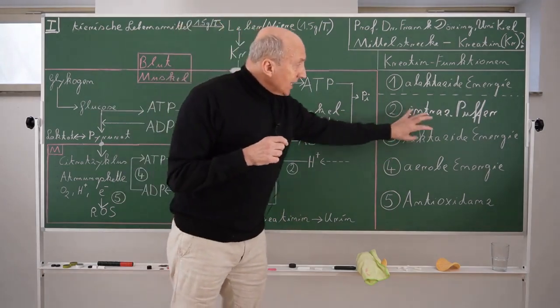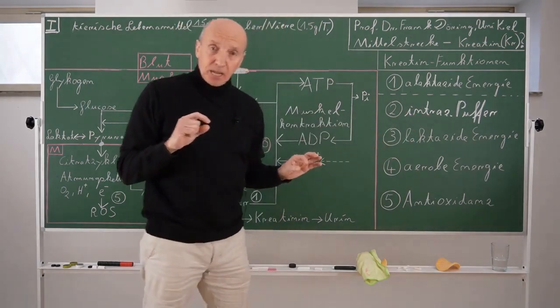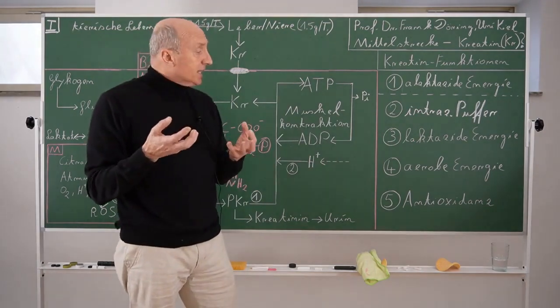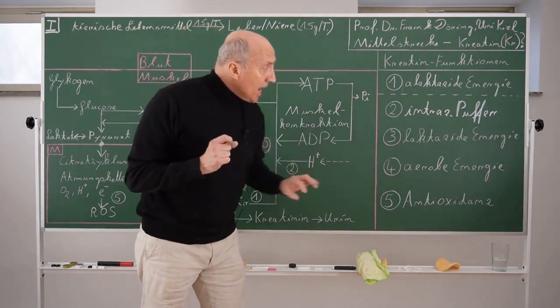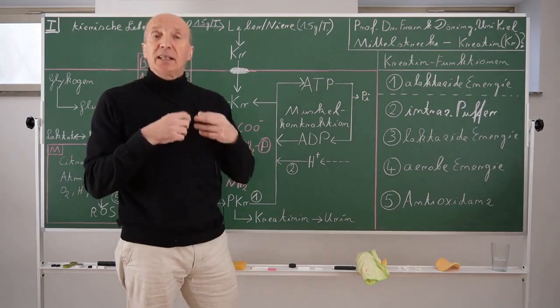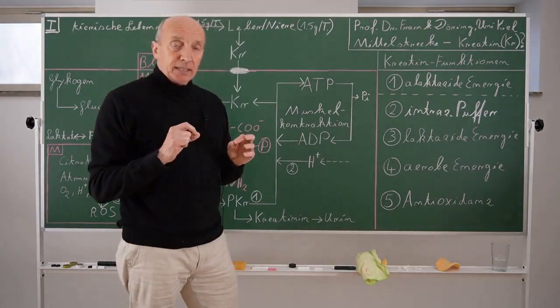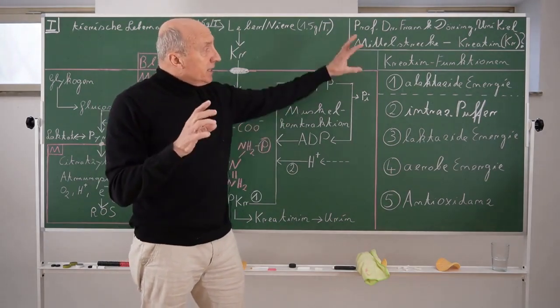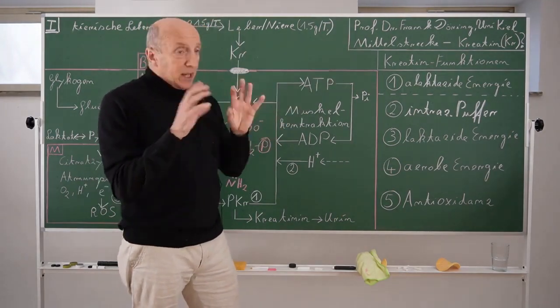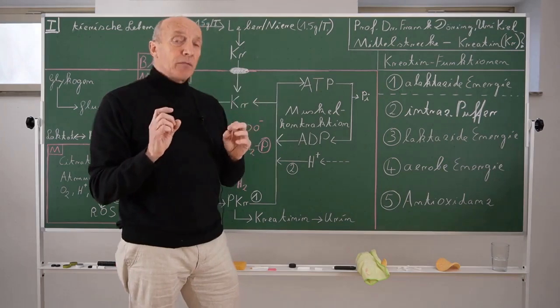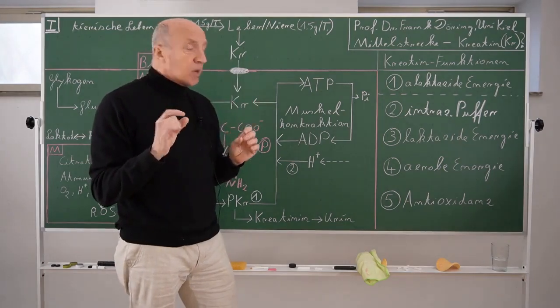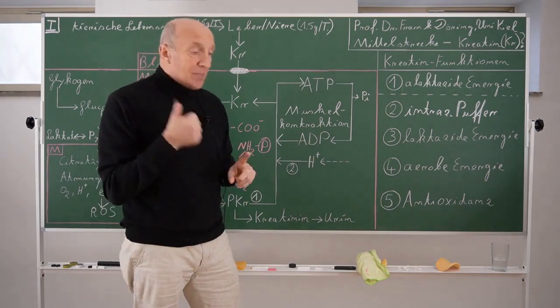The lactacid energy system is supported by creatine. So does the aerobic energy system, and it has an indirect function as an antioxidant. If these are the essential functions of creatine in the context of middle distance running, then two questions can be asked.